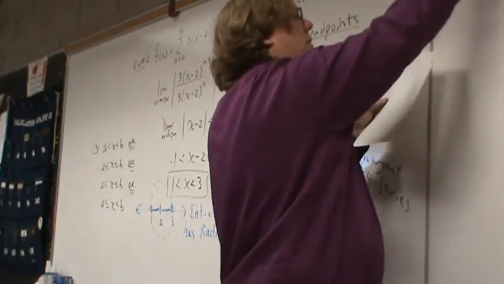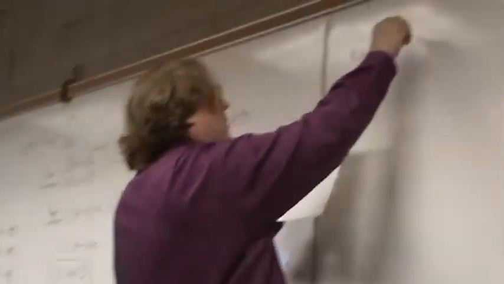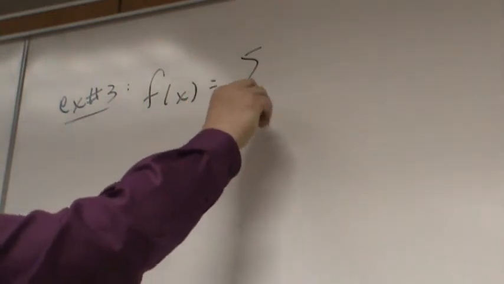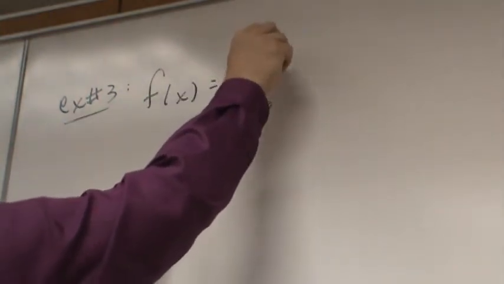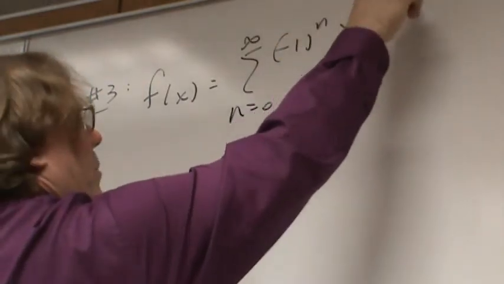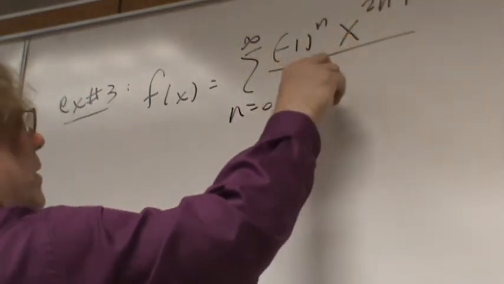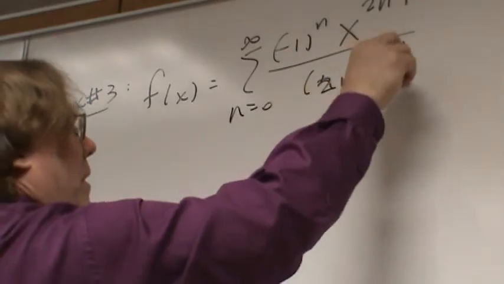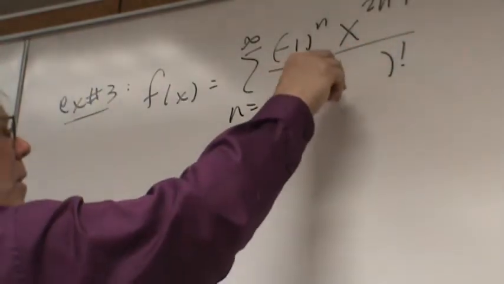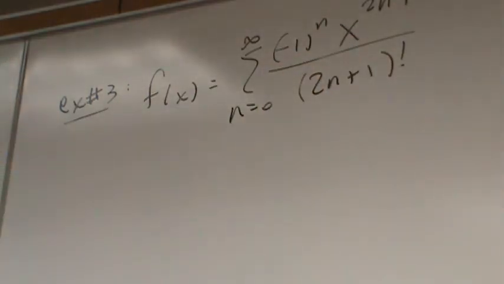Here's example number 3. Alrighty. Let's say I've got a function that's the sum as n goes from 0 to infinity of (-1)^n times x^(2n+1) over (2n+1) factorial.